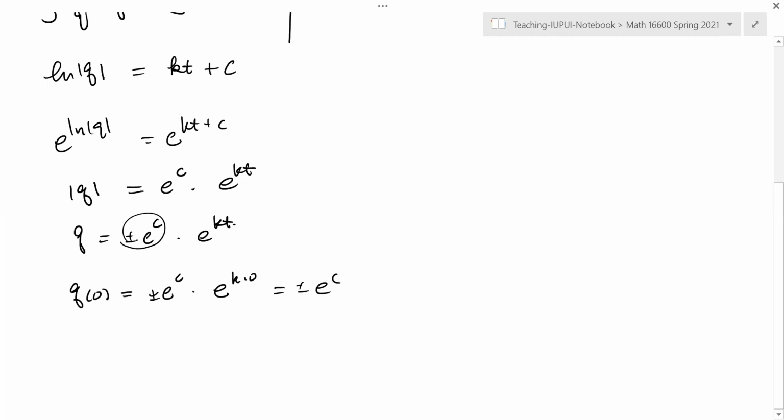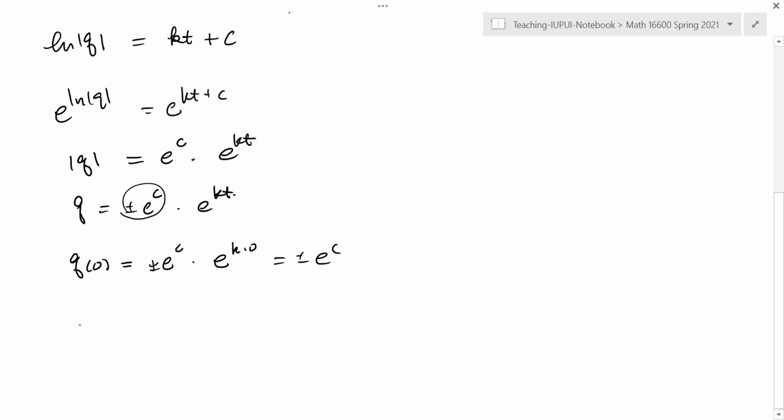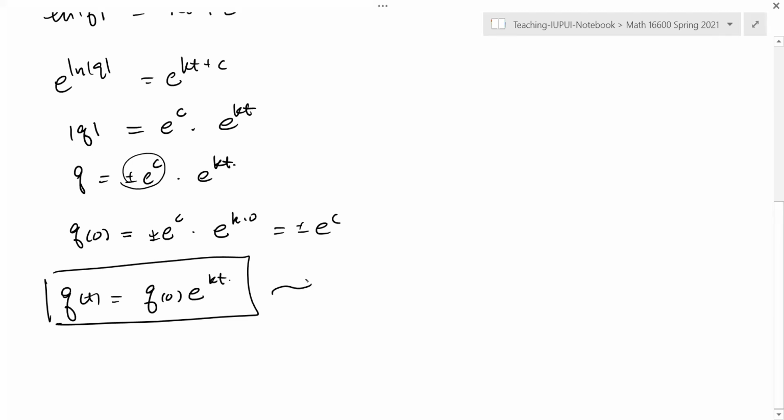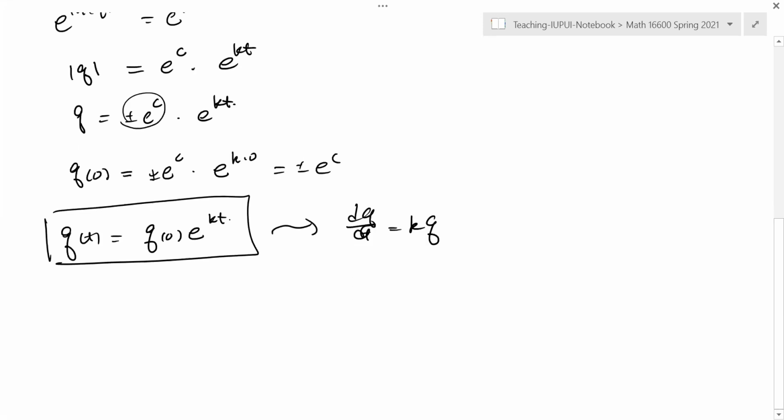So this constant, possibly positive or negative, is just the initial value of the quantity. Therefore, we get a general solution to that equation dQ/dt equals kQ, where Q is a function of t.